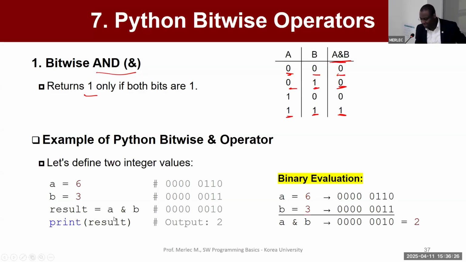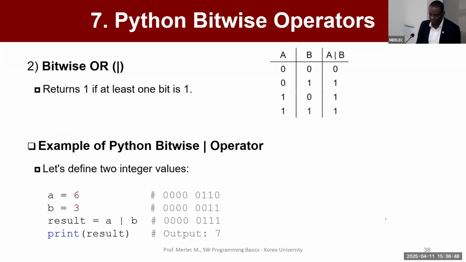So what it does: 0 and 1 equals 0, 1 and 1 equals 1, 1 and 0 equals 0, 0 and 0 equals 0. And then when you check in binary 0, 1, 0, it will give you 2 in decimal. This is the way the CPU operates on the values we provide, and the interpreter also has to understand that. That's why we are learning this.